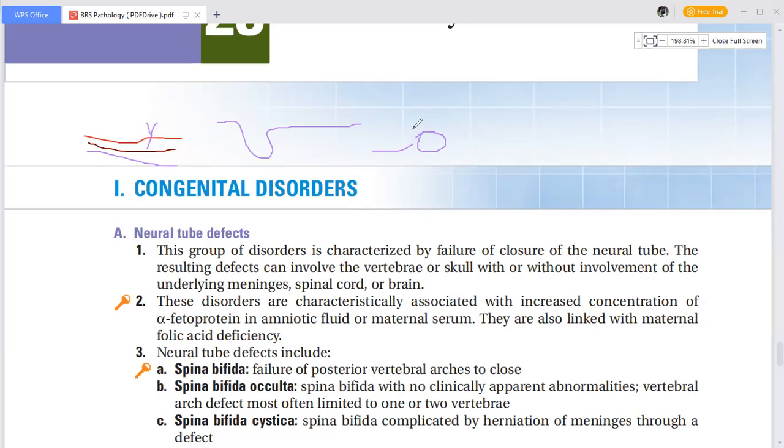There has to be that closure of the neural tube. Now if that closure does not happen, you're going to have different congenital deformities. Those congenital deformities arising from the neural tube are called the neural tube defects. There are a bunch of them that we have to know.